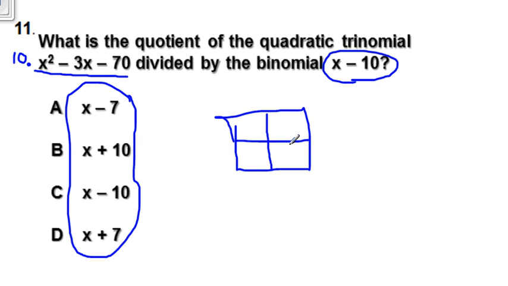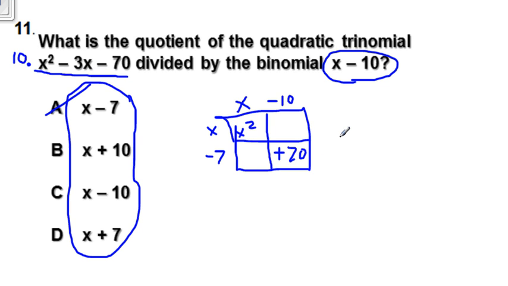What we have here is x minus 10, so that's quantity x minus 7, and for this one we get positive 70 here, and we really need negative 70, so we know that one is not going to work, so A cannot work.